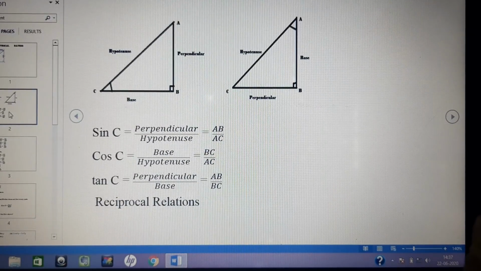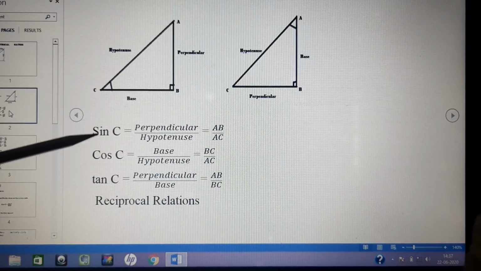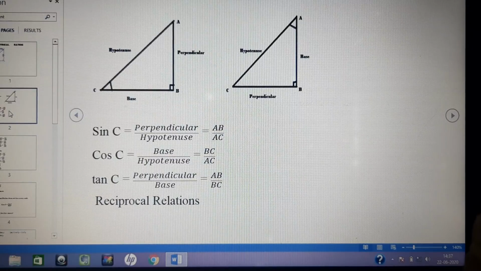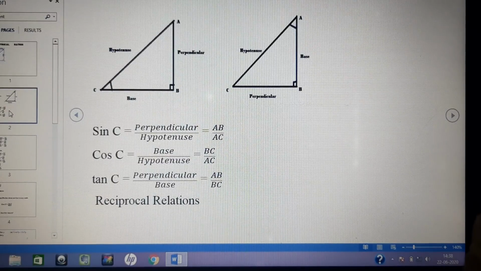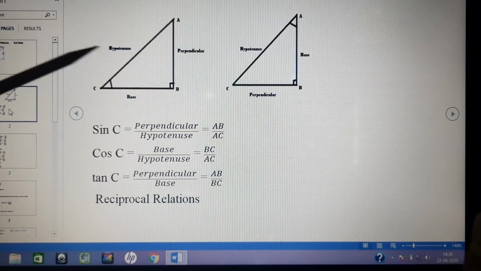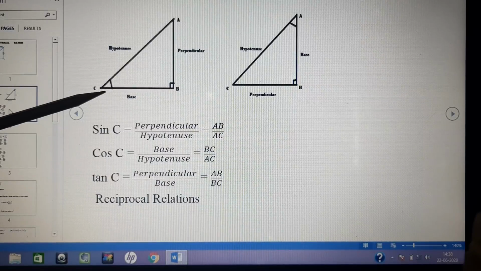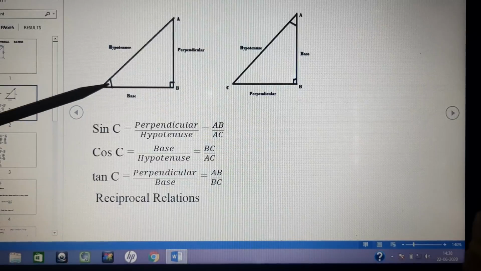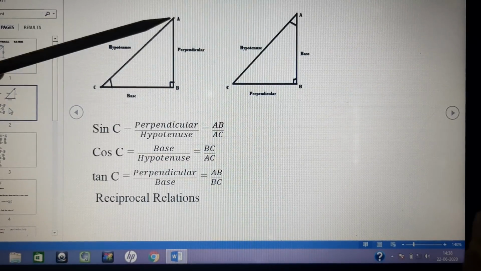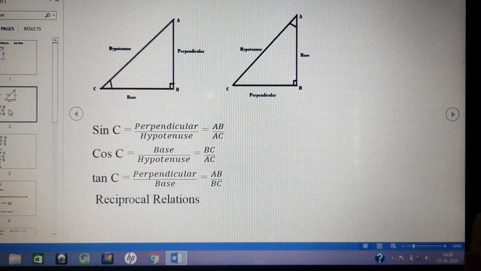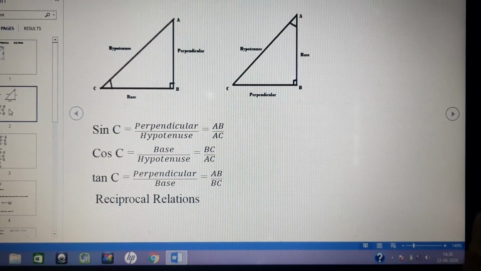So if we take angle C, let us decide what is the hypotenuse, perpendicular and base according to angle C. Opposite to 90 degree, AC becomes the hypotenuse. According to angle C, AB becomes the perpendicular because it is falling opposite to angle C. The leftover side becomes the base.